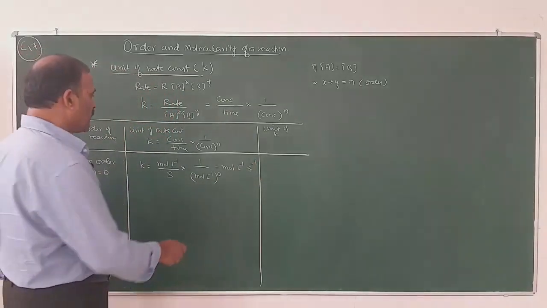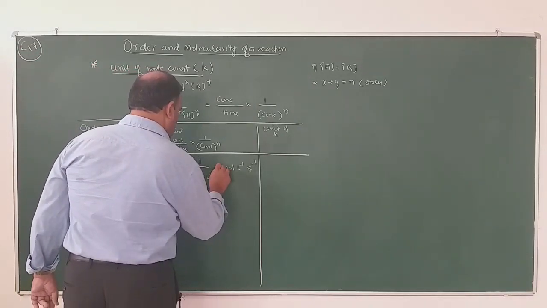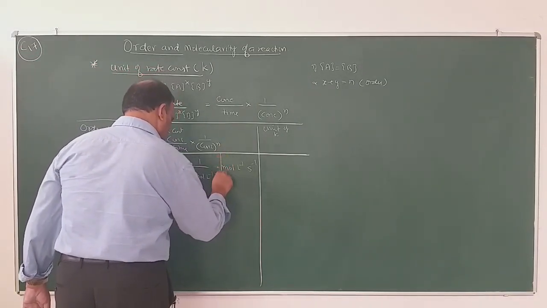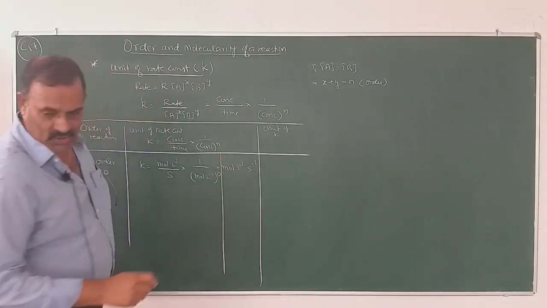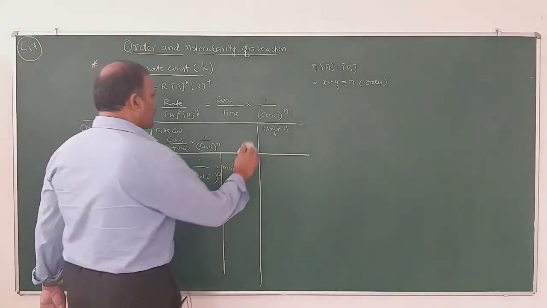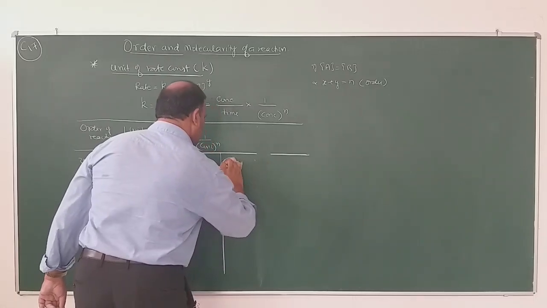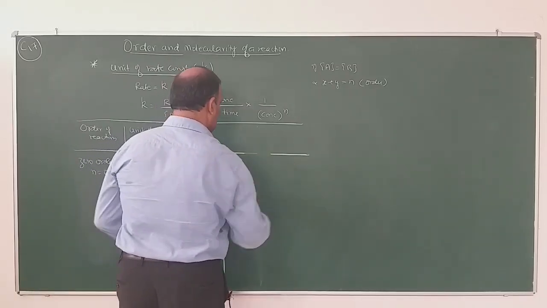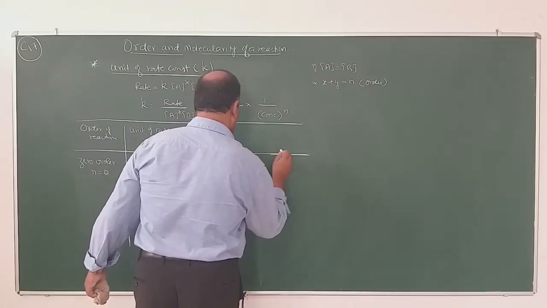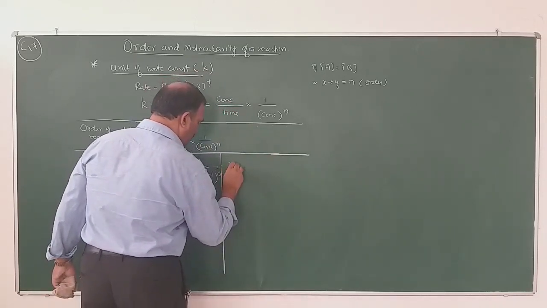So this is the unit for zero order reaction: mole liter minus 1 second minus 1. This is very important.